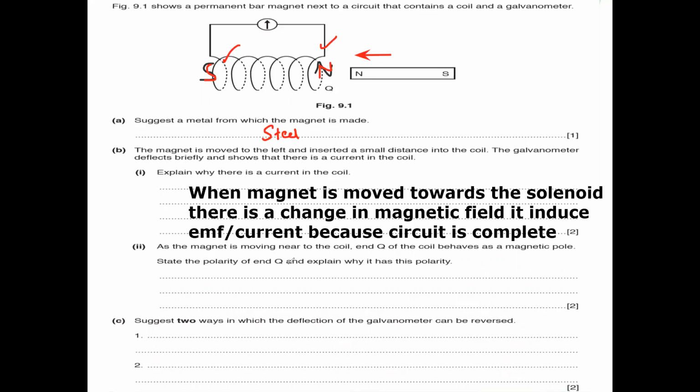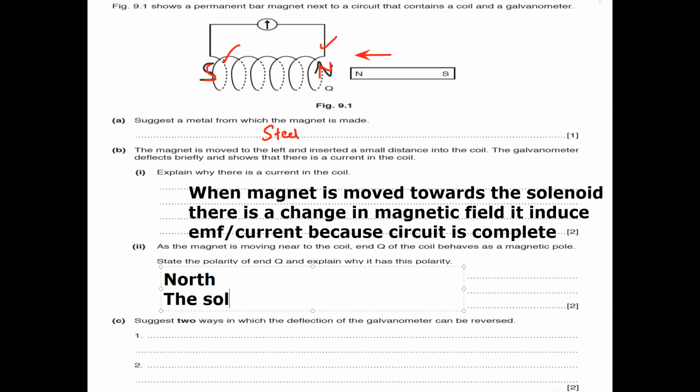State the polarity and explain why it has that polarity, like why there is a north pole there. First we'll mention, 1 mark is for mentioning north, as you already identified on the figure. And what is the reason for that?